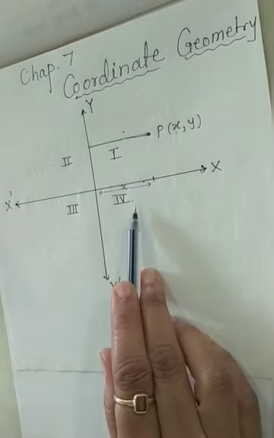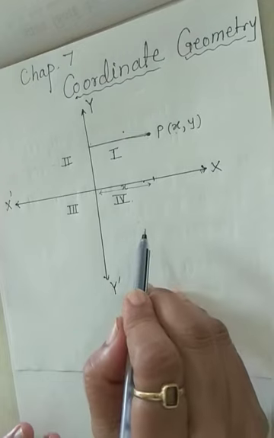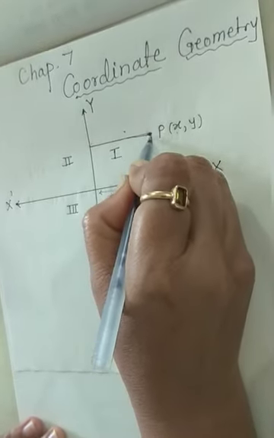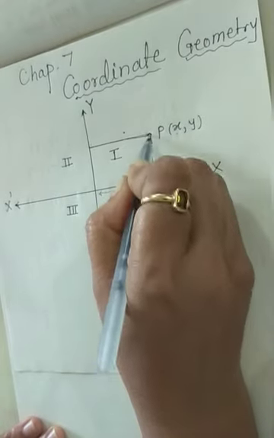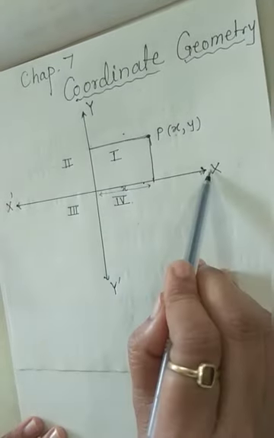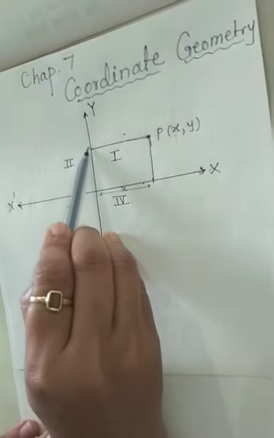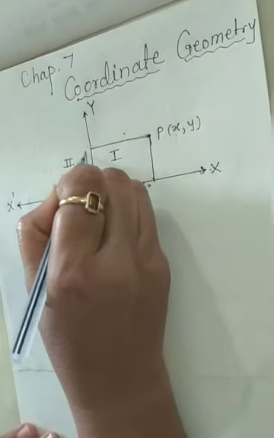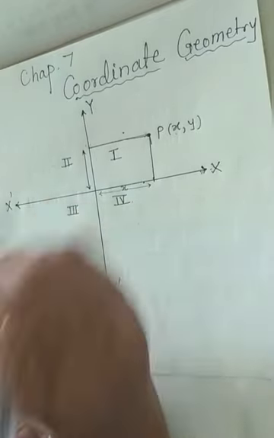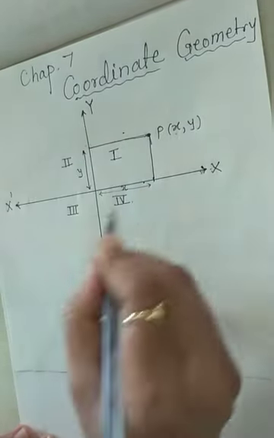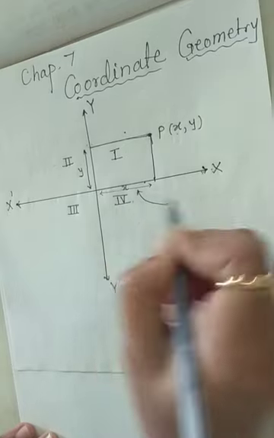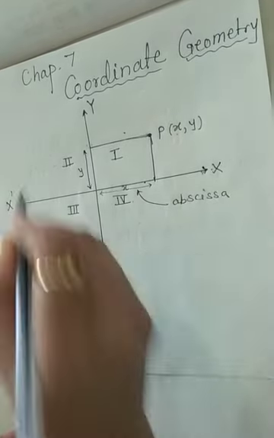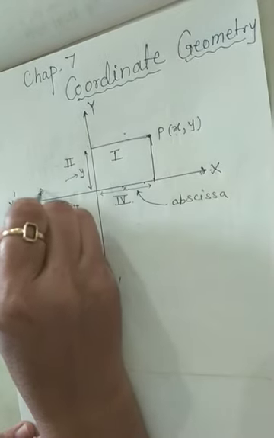Now the y-coordinate of a point is the perpendicular distance of the point P from the x-axis measured along the y-axis. And this distance is also known as the ordinate. That means this is the abscissa and this is the ordinate.